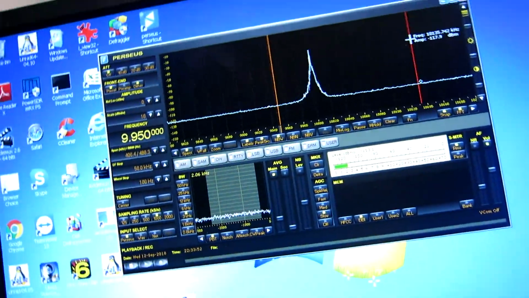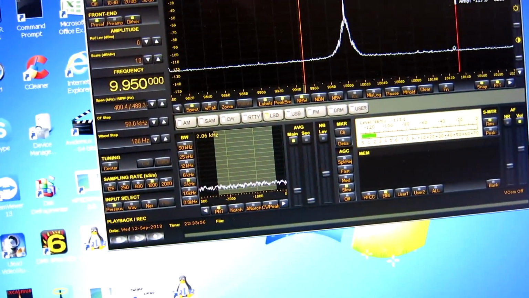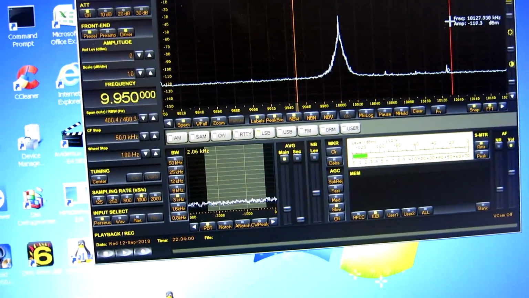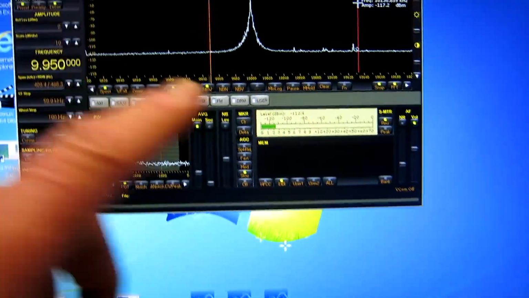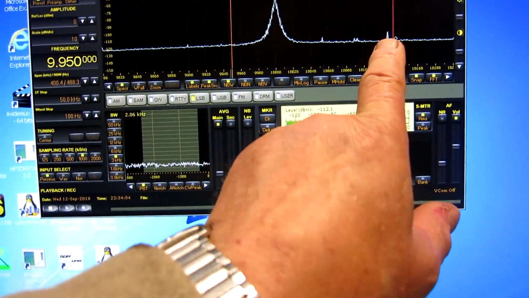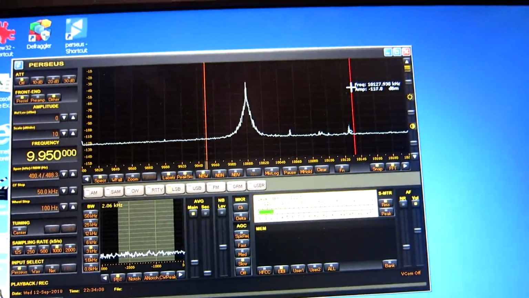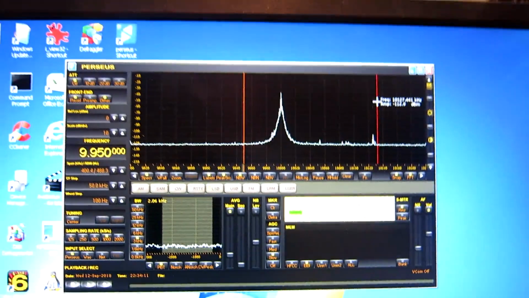Anyway, if I increase by a single dB now, well, one more dB and one more dB, there are some funny phenomena coming up. These are noise oscillations of some kind.